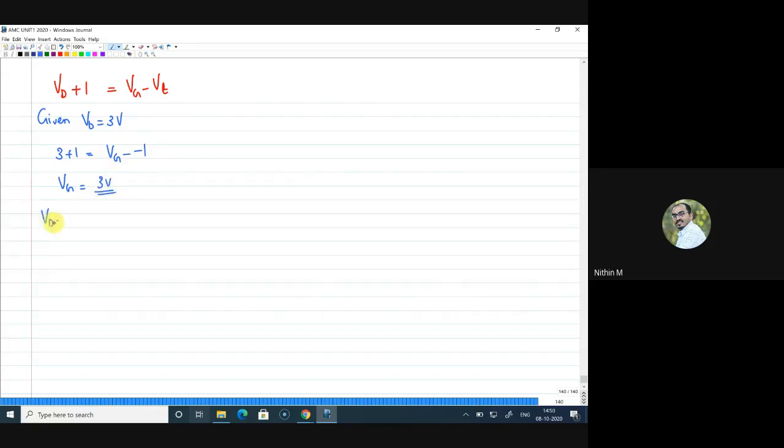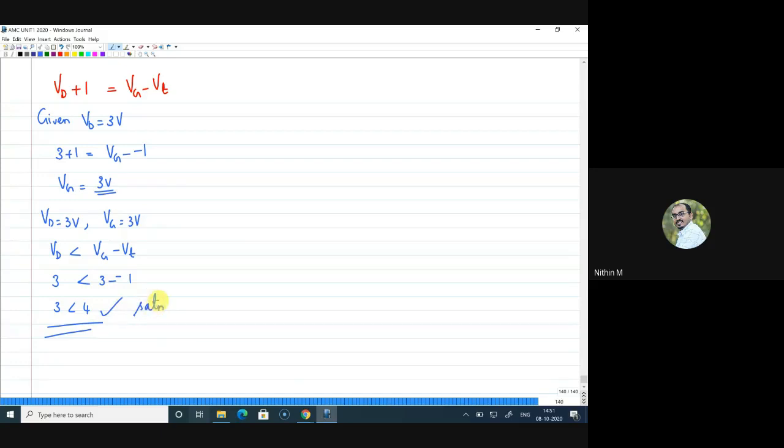So VD equal to 3, VG equal to 3. That means the transistor is still in saturation. How to check the condition for saturation for PMOSFET? VD should be less than VG minus VT. VD is 3, which is less than 3 minus 1, so 3 is less than 4. The condition is verified. It is still in saturation.